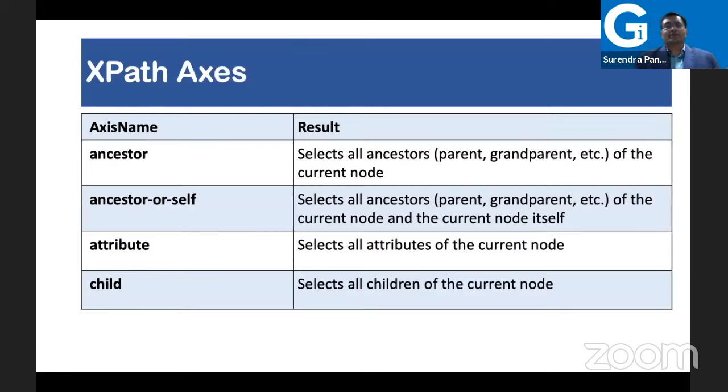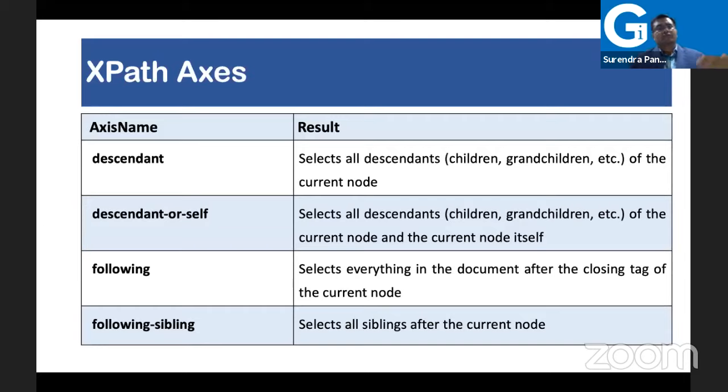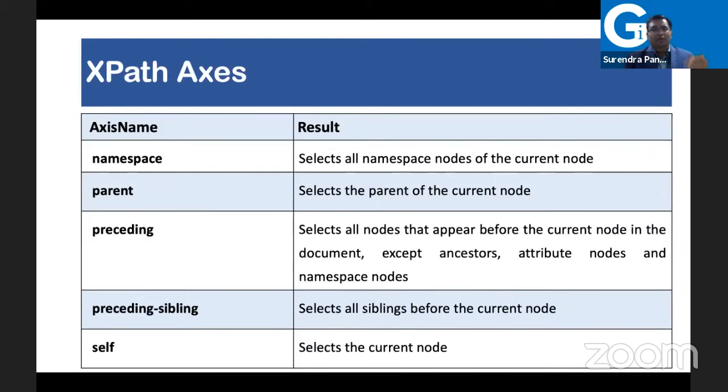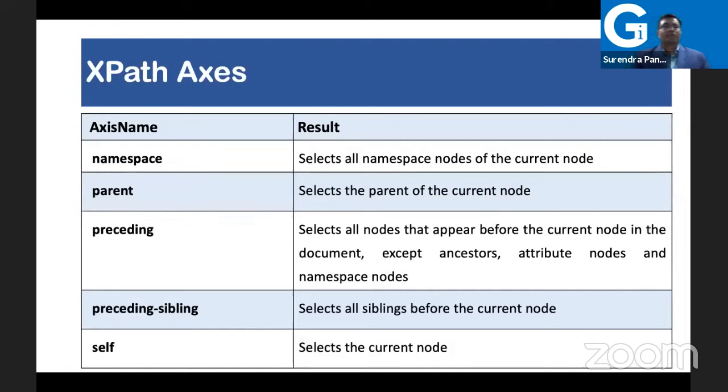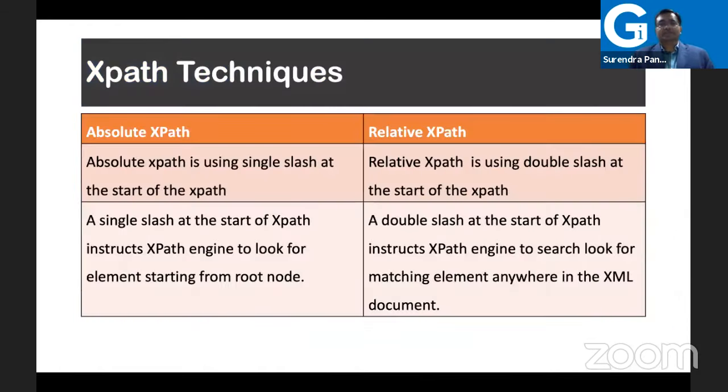There are axis names and results, for example ancestor, attribute, child, descendant, following-sibling. These are the various axis names, and there is a result, like how to access the sibling, the following elements, the parent element, or the self element. That also comes under XPath axes.